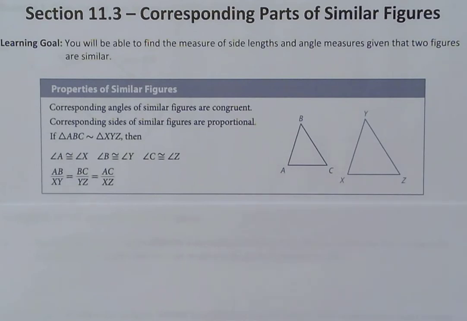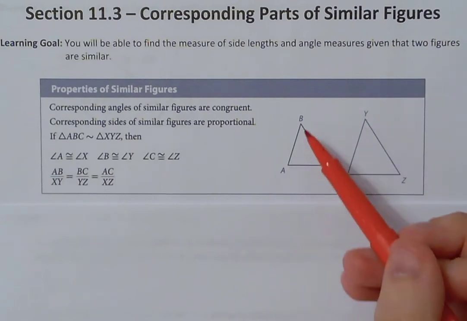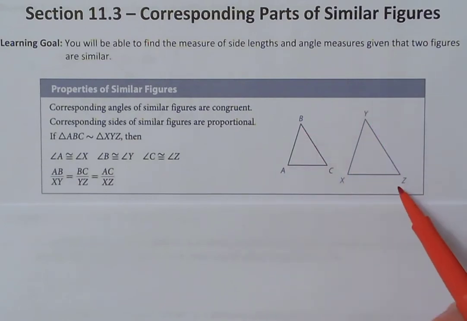So we're not just going to straight set AB equal to XY, we have to do AB over XY equals another fraction of the side lengths. So you're going to set up fractions of the side lengths, so AB to XY equals BC to YZ. So that's what we're going to do with side lengths.